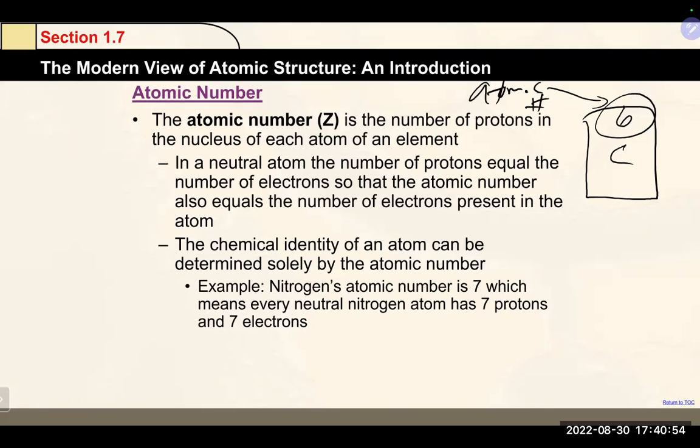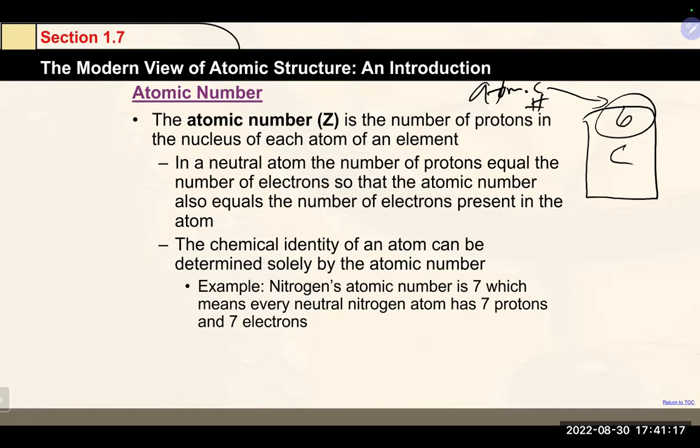That's why I said on the previous slide, when we looked at sodium, that they're both the same element, so they must have the same number of protons. You would never find a calcium atom with an atomic number of 19, or 19 protons, because 19 is potassium.